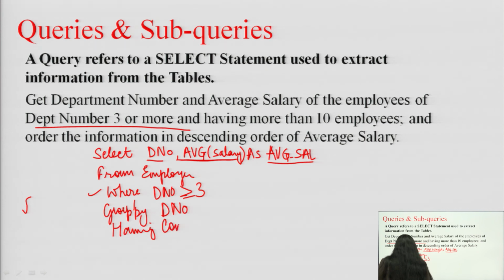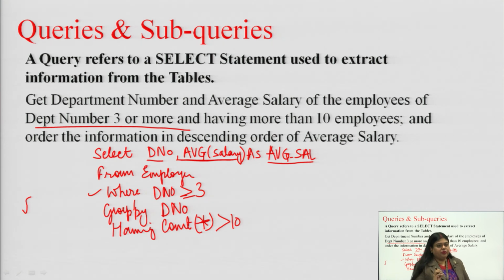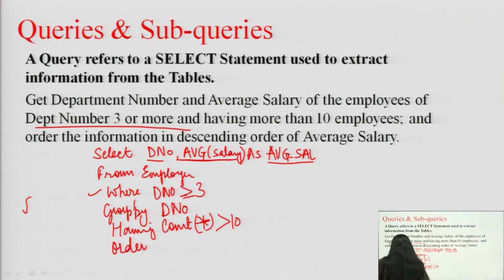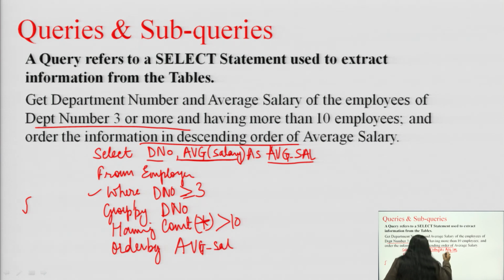Then, HAVING COUNT greater than 10, that means whatever we have grouped, that count should be more than 10. Then ORDER BY, because it has been specified that we have to order it in descending order: order by average salary, that we have specified at this point, in descending order.